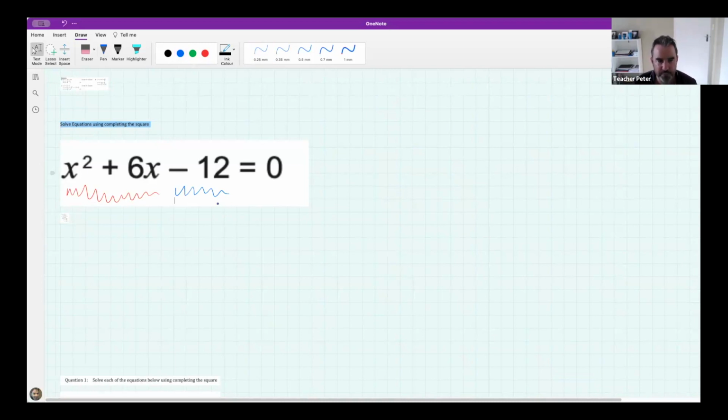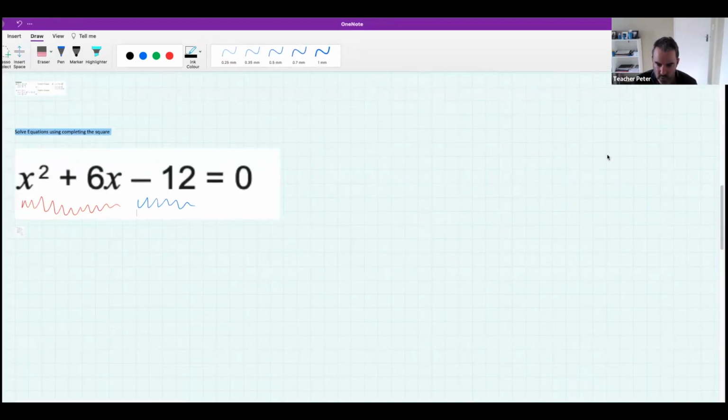What should I do with the minus 12 if I want to get it out of the way and move it to the other side? Tell me in the chat or by raising your hand.